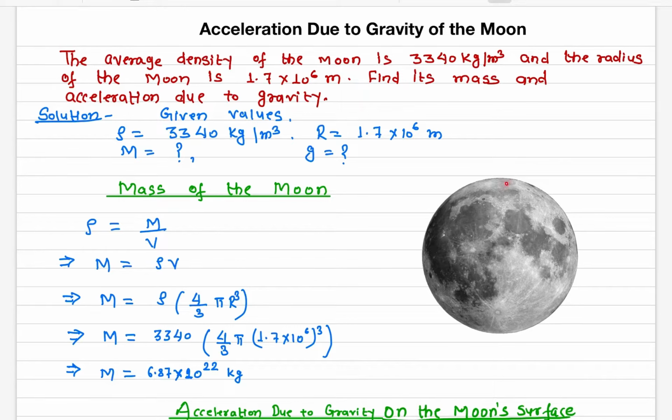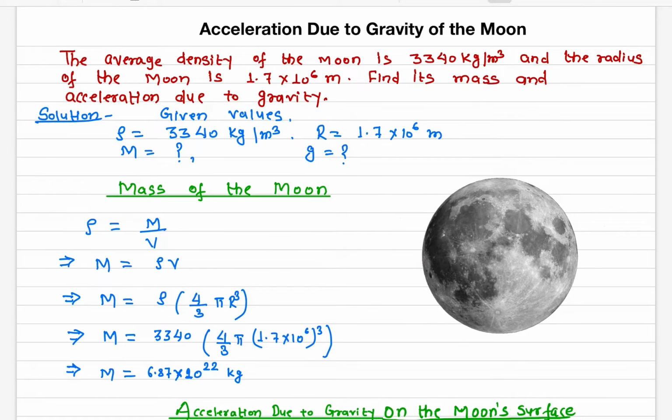The moon is a sphere, and the volume of a sphere is given by 4 over 3 pi r cubed. So the density as it is, and the volume in terms of radius, is now this much.